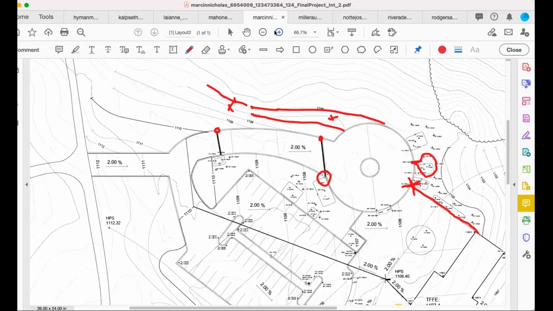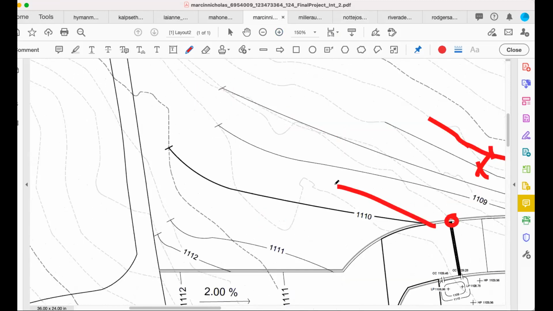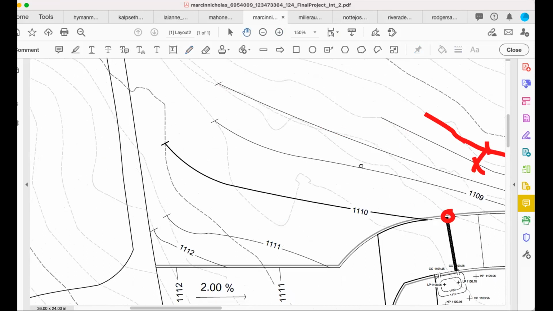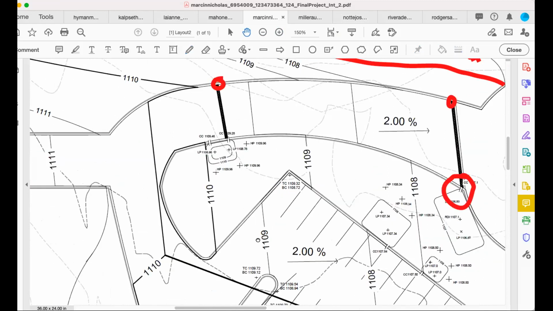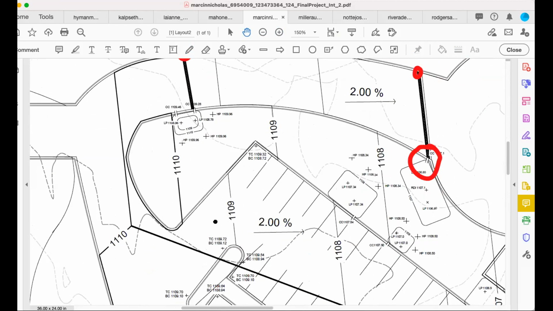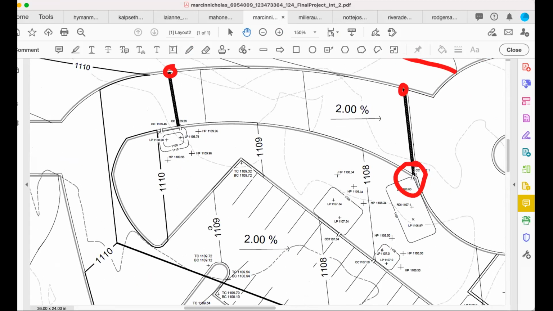If I zoom in and take a look at the elevation here, you have a curb cut. The trench drain is actually lower. Your water entrance would be a half foot lower than your curb cut because the drain is underground. The water comes out not at the elevation of the curb cut, but at the elevation of the bottom of the trench drain.